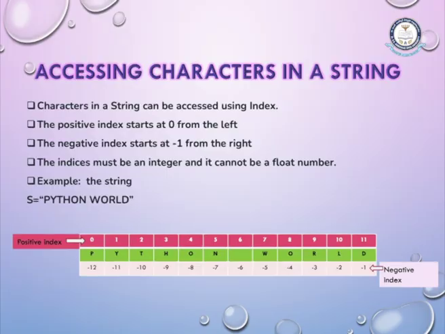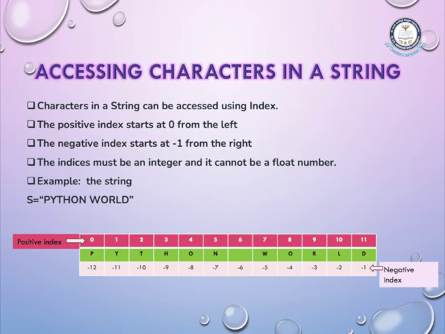The negative index starts at -1 at the rightmost of the string. In this example you can see we have a string Python world, and when we use the positive index, as I told you, the positive index starts from 0.